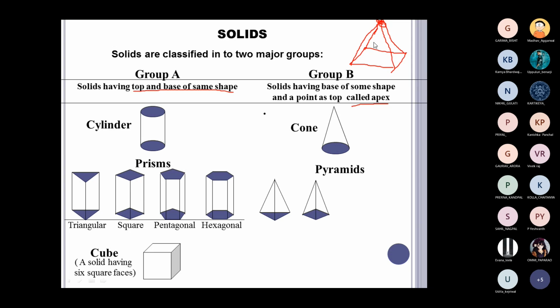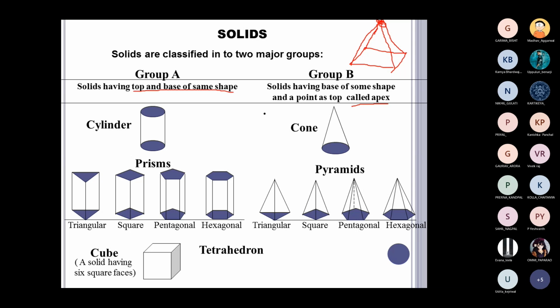These are a few cases and images of that. Triangular, pentagon, hexagon, the shape of the component in both groups is the same, but with the lines drawn in the vertical direction, we get an apex point in group B, whereas in group A, whatever shape we have in the base, we have the same shape at the top also.